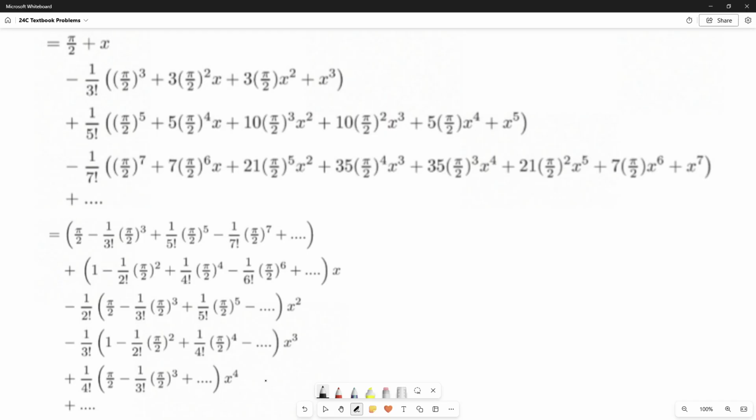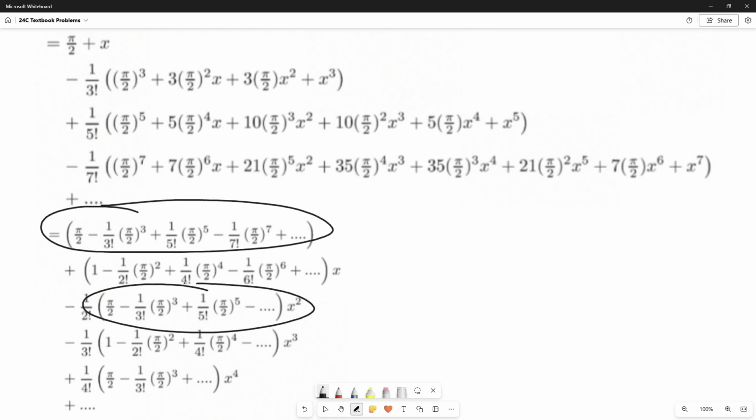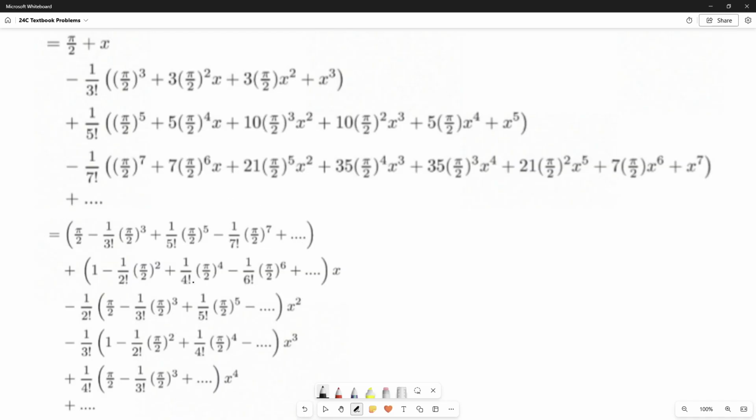So now you might be able to see a pattern in these. This is equivalent to this, and this is equivalent to this. So every odd regrouping is the same, and every even regrouping is the same.